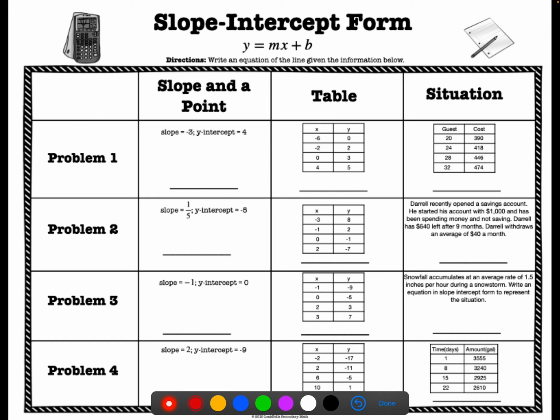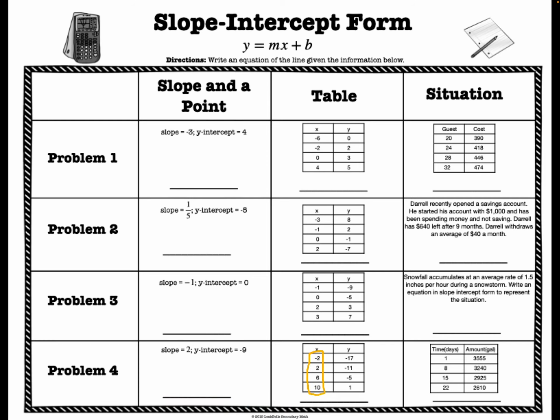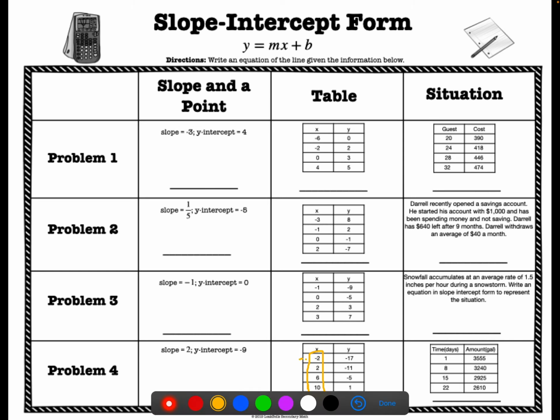I don't see one. However, I do see over here on the x side where we jump from negative to positive. So that means 0 is somewhere in between.